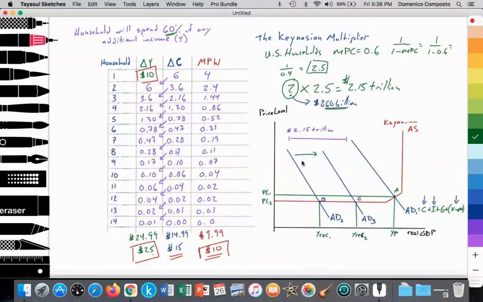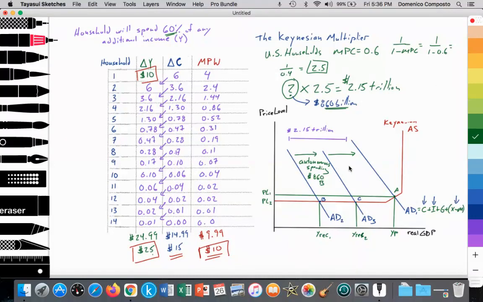So here is what we call the autonomous spending, which in this case is going to be equal to $860 billion. That will lead to the multiplier effect, the ripple effect of all of these households spending more and more money.